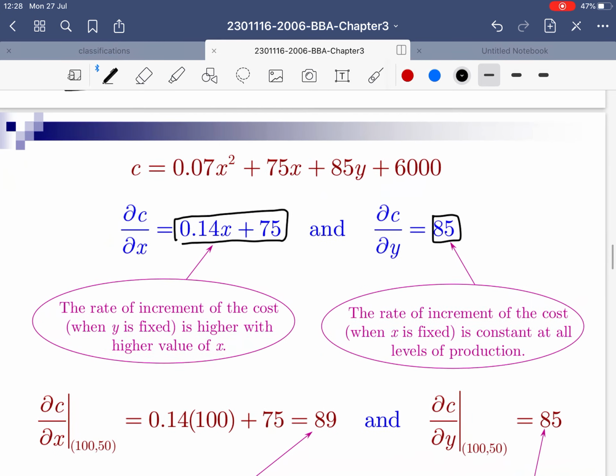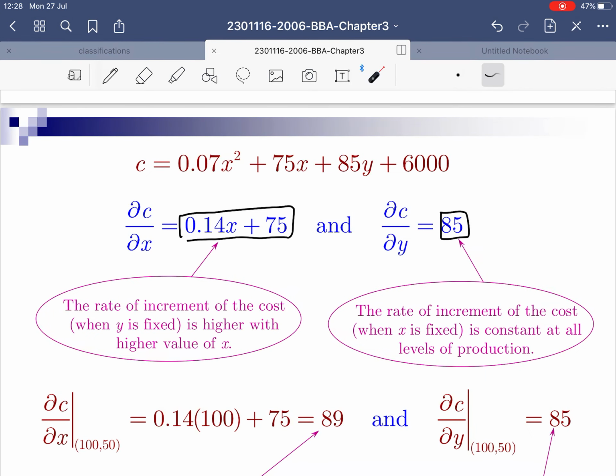The rate of increase of the cost when your y is fixed, and this is very important, you need to write this down, is higher with a higher value of x. Why is that? Because you have the factor 0.14 multiplied by x. So as your x increases and your y stays still, the cost will increase by this increment.